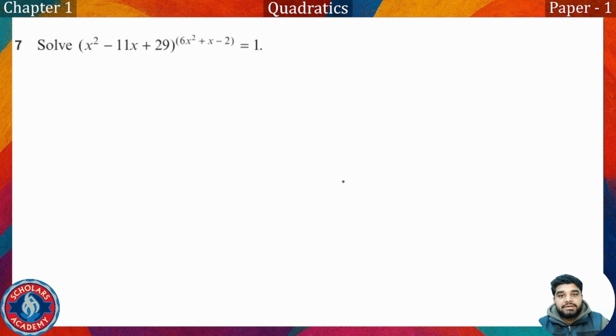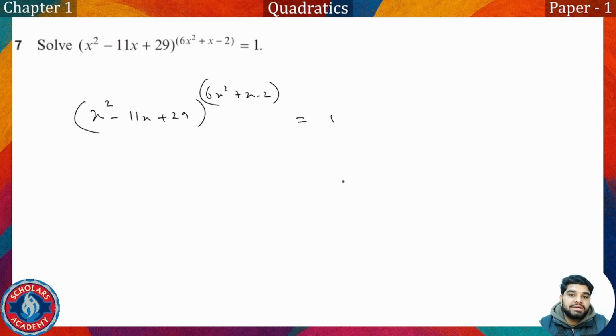Okay. Question number 7. So question number 7 is this. We can say that x square minus 11x plus 29 raised to the power 6x square plus x minus 2 is equal to 1. We can do this in two ways. Anything raised to power 0 is 1, so we can equate this power with 0.